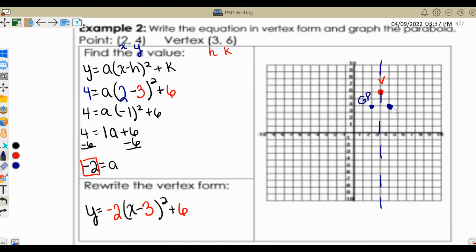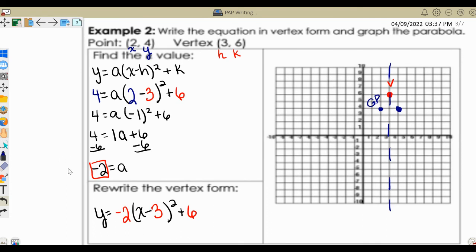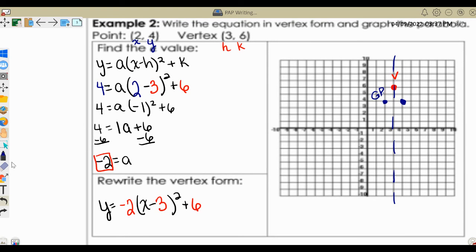So then we can mirror this 2, 4 around over here to 4, 4. Okay. And we can find more points on our parabola. If you remember graphing parabolas, we talked about how parabolas have a pattern, when we graph them, for getting from one point to the next.